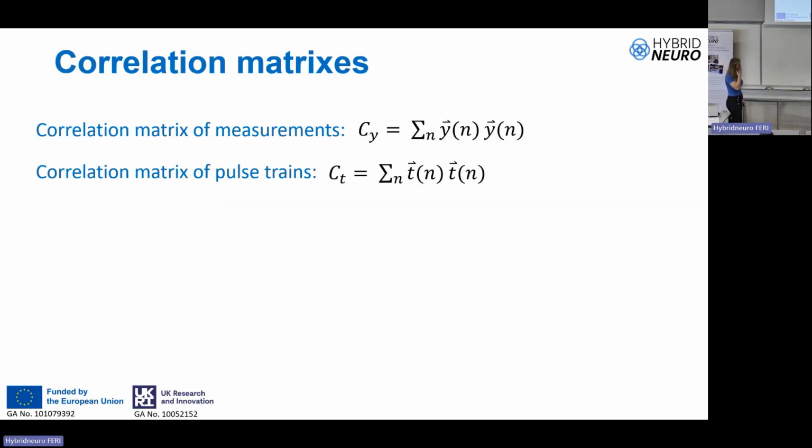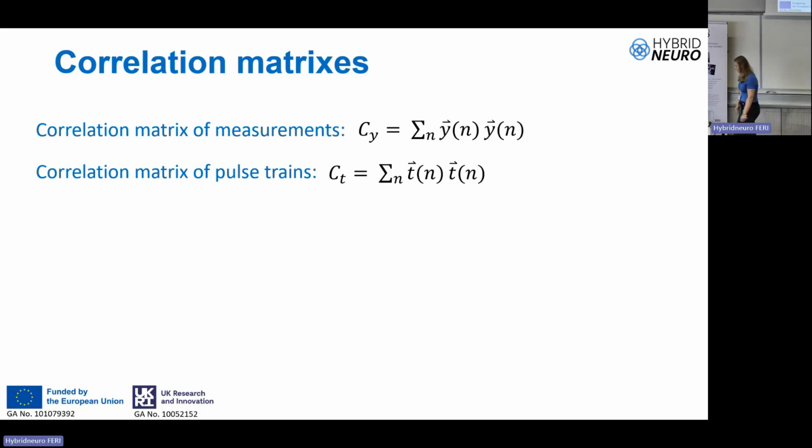So for us to be able to fully understand the motor unit filter, we need to talk about the correlation matrices a bit more. We have two correlation matrices. One is the correlation matrix Y, which is the correlation matrix of measurements. The other one is correlation matrix C, which is the correlation matrix of pulse trains.